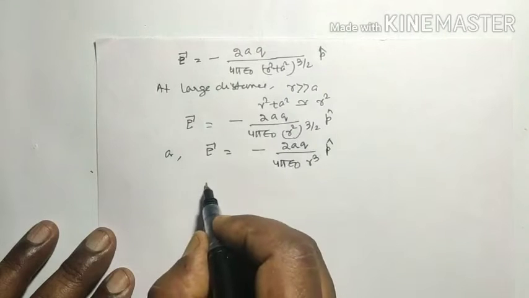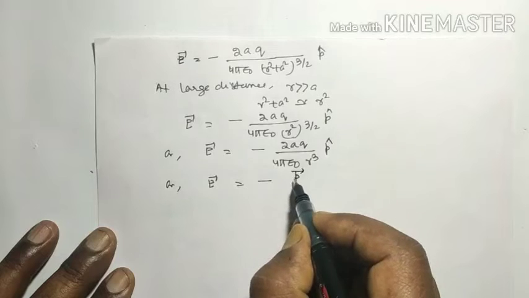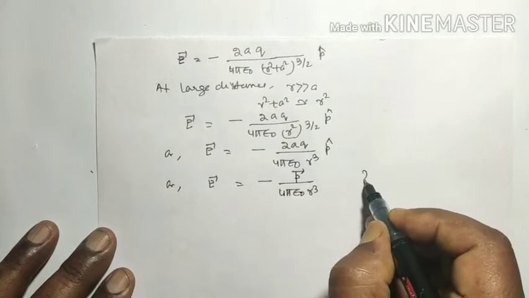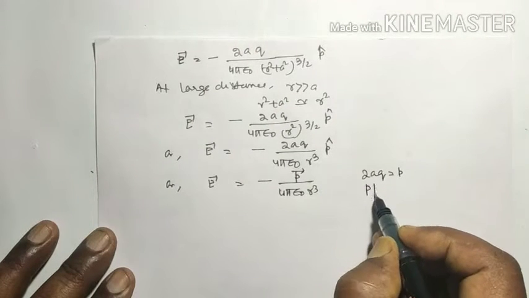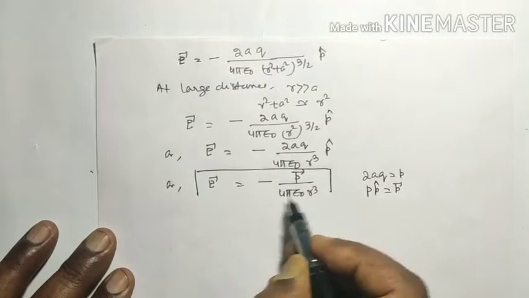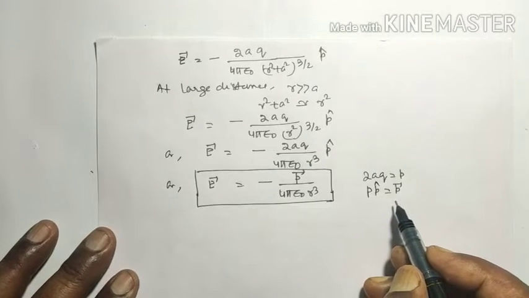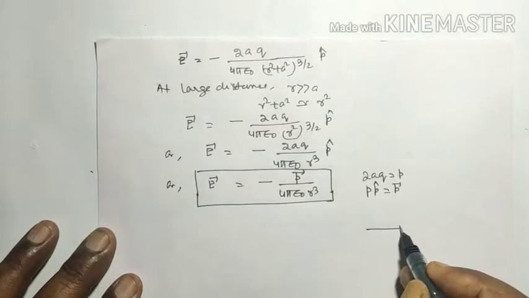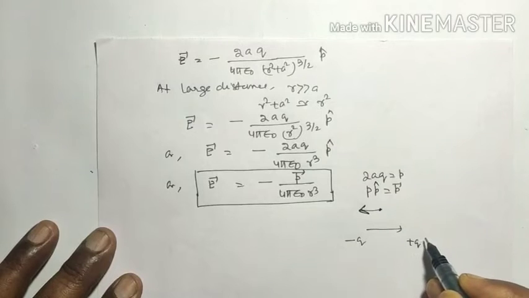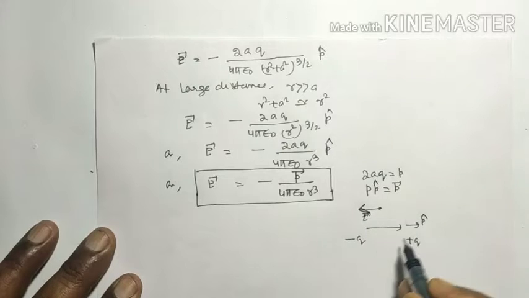Now 2aQ is the magnitude of dipole moment p, and p into p cap is p vector, so E equals minus p vector by 4 pi epsilon 0 r cube. This is the electric field at an equatorial point of an electric dipole. Note that p vector is from minus Q to plus Q, and the electric field at the equatorial point is opposite to the p vector. This is your E vector and this is your p vector. E is opposite to p vector.